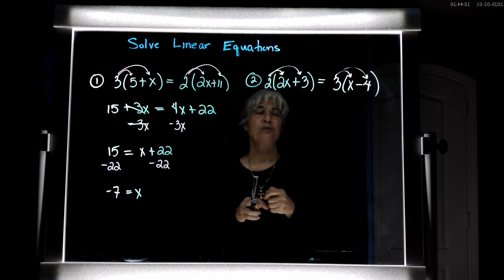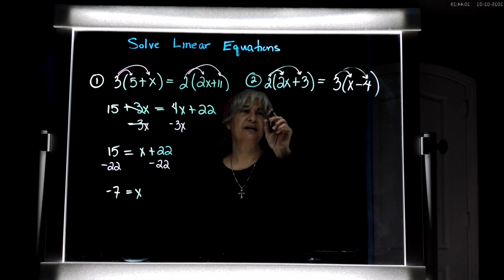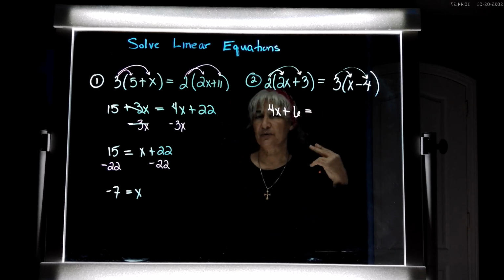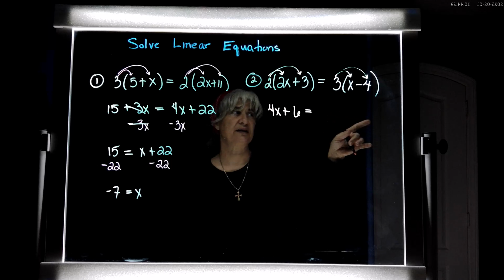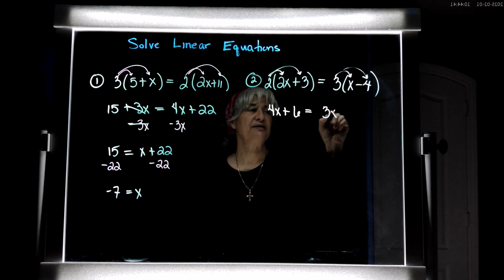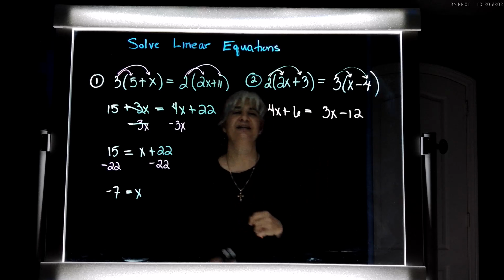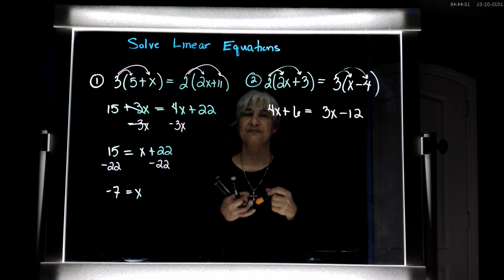So tell me what I'm going to write on the left side. You tell me. I'm hearing you. 4x plus 6 equals. Now tell me what I'm going to write down on the right side. Good. 3x minus 12. Well done. Loving it.